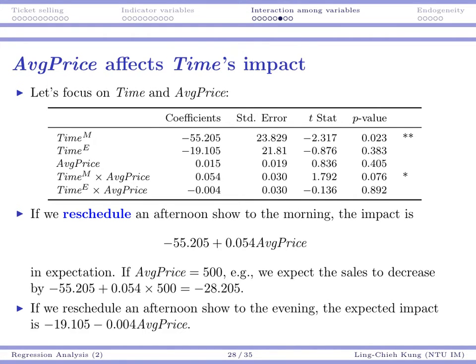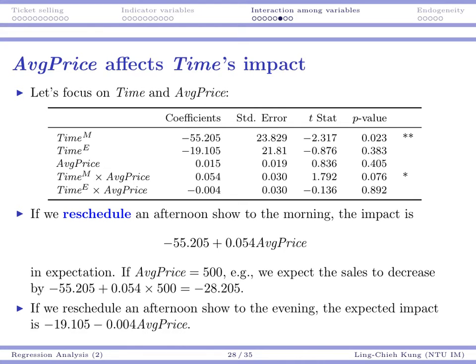Okay, so for the same table, we know that if we reschedule an afternoon show to the morning, in the past we said we expect a loss of 55 tickets, but that's not the whole story because we also have another term here, which measures the impact on the average price.